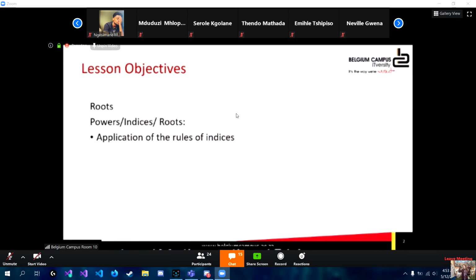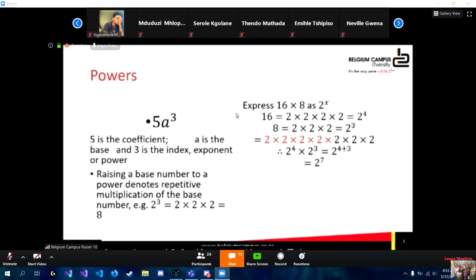So for the next hour or so, we'll be concentrating on applications of the rules of powers, and also evaluating roots. If you see that term there on my slide, 5A^3, it is a term that has a combination of a coefficient, that's your 5.